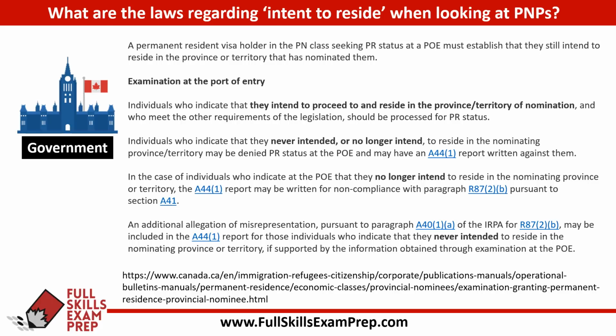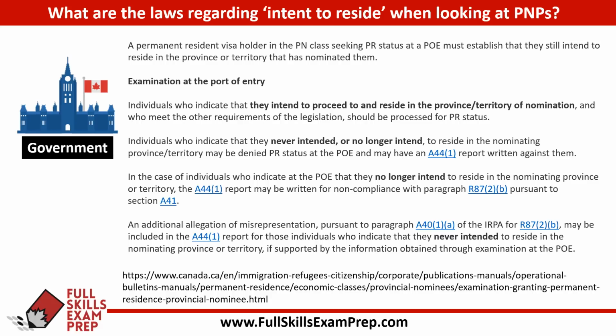Okay, and then even for a person who shows up and they no longer intend, well, again, an Article 44 is inadmissibility because the person is not complying with the Act. And they give the specific section there, Regulation 87(2)(b), which we just saw previously, is intent to reside.